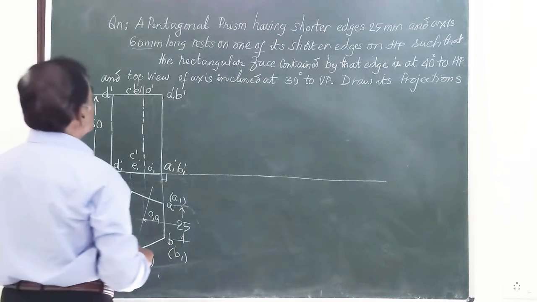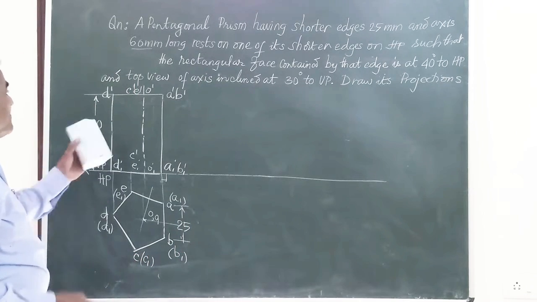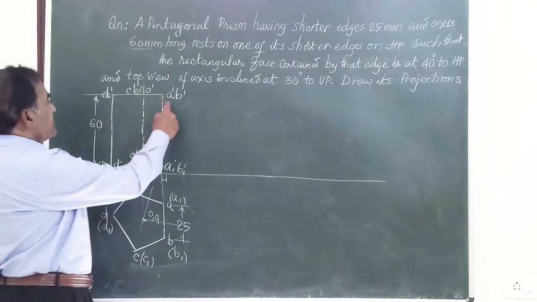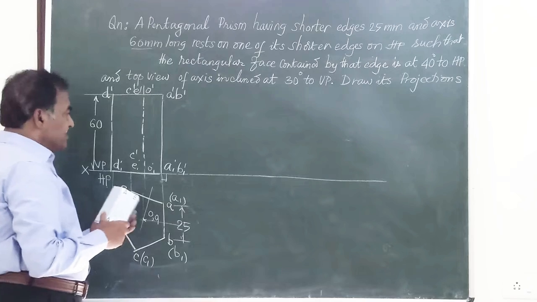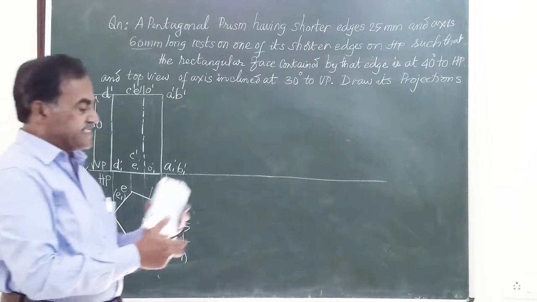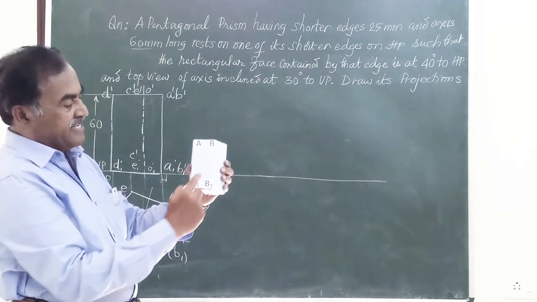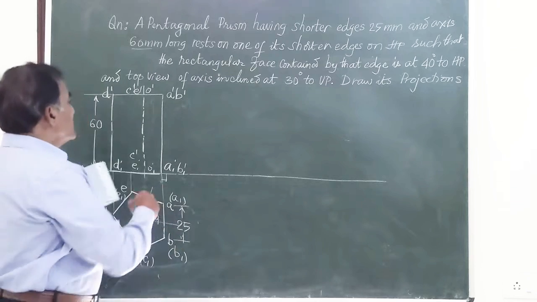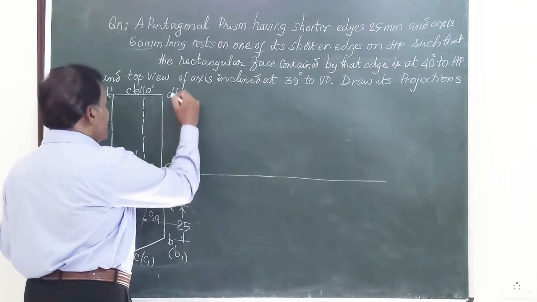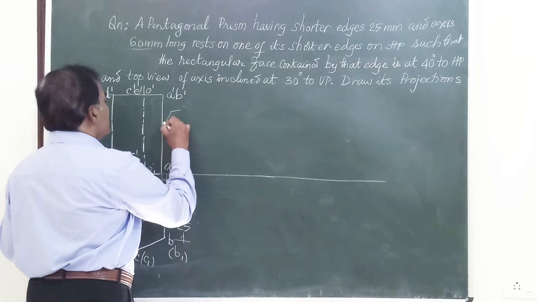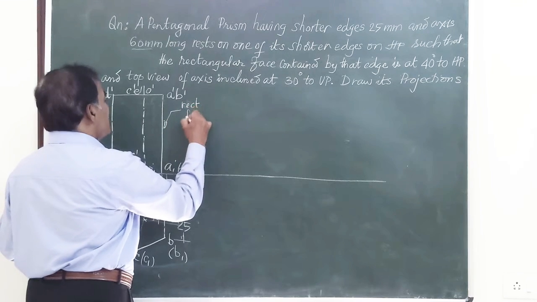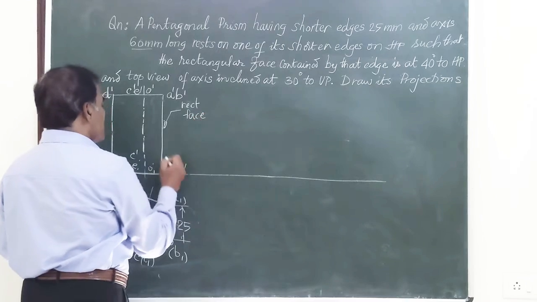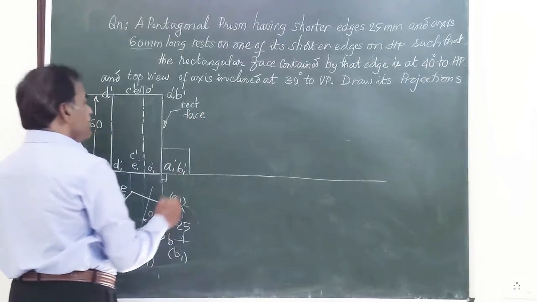So friends, you can just observe here in the front view, the last line, that is A dash B dash A1 dash B1 dash, has 4 points on it. Since it has 4 points on it, it represents a rectangular face, a rectangular face which is normal to HP.